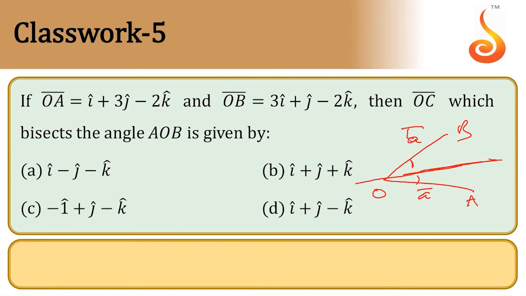The bisector of the angle means OC equals lambda times A cap plus B cap. So OC bar equals lambda times A cap plus B cap. Solve it. What do you get? Lambda times A cap plus B cap, where lambda is any scalar.